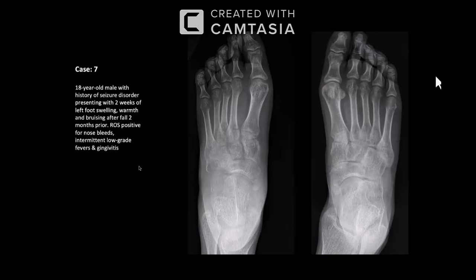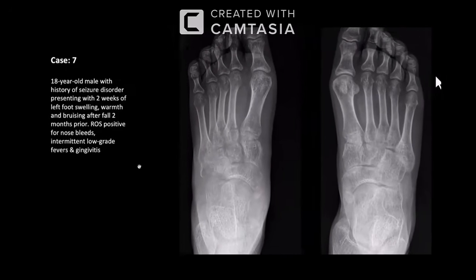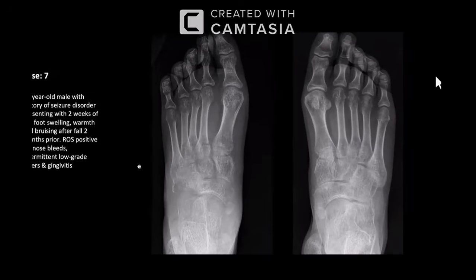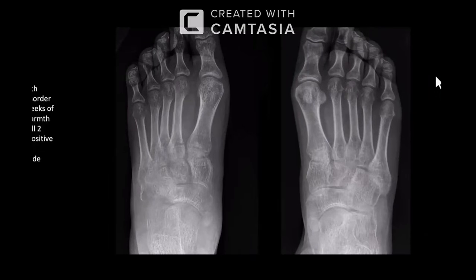I can see there is a fracture at the base of the second metatarsal bone. And I can appreciate there is some widening in the space between the first and the second metatarsal as well.